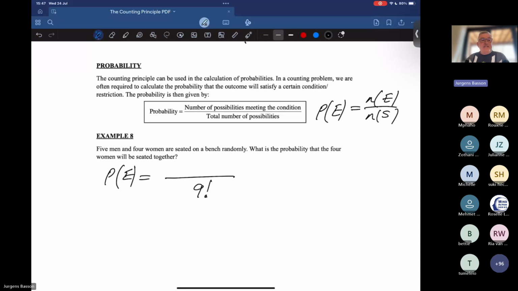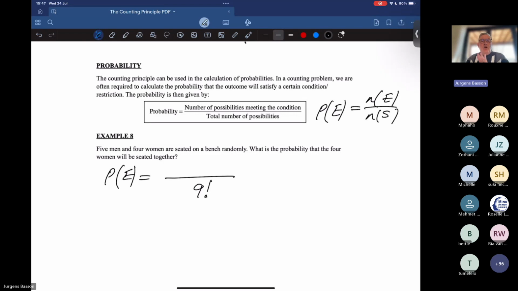Now we're going to do the numerator. And as you can see, this one says the women must be seated together. Now we've got 4 women and 5 men. And I hope you agree with me, this is only one group. Only the women are a group, not the men. The question must say women together and men together.